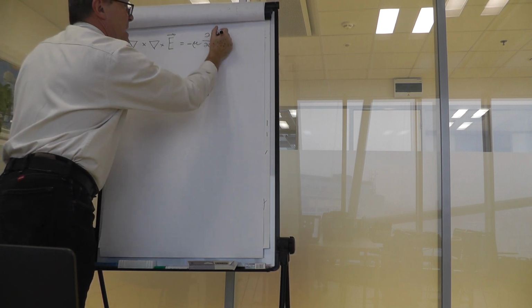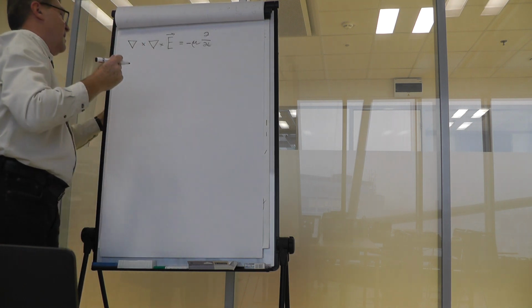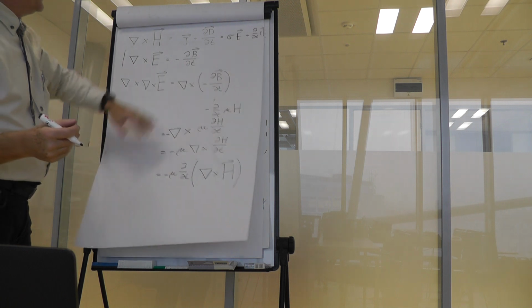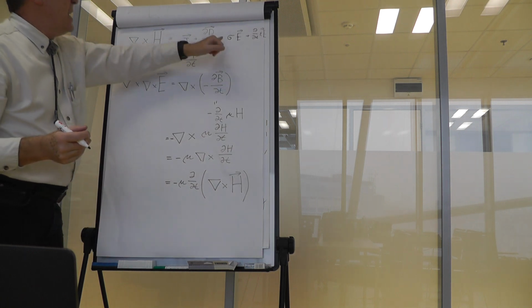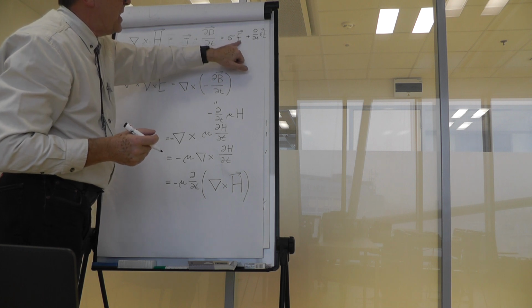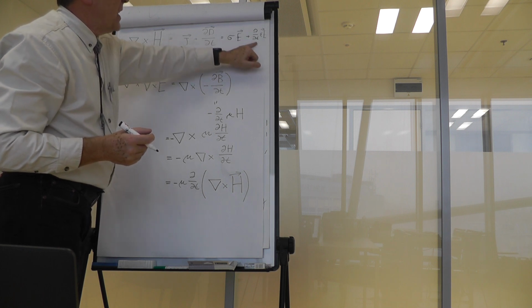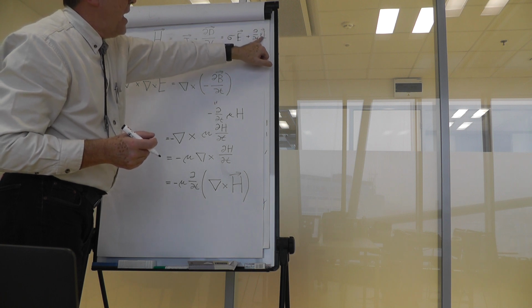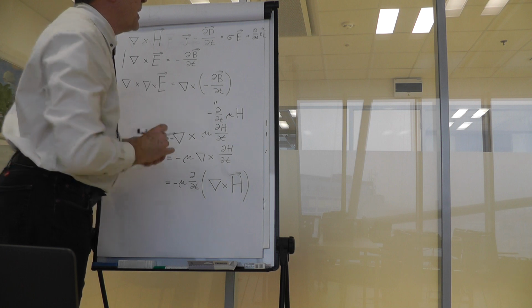And now what is in the brackets? There is the right side of the equation 1, which is electric conductivity times electric field strength plus a time derivative of a product of permittivity times electric field strength.